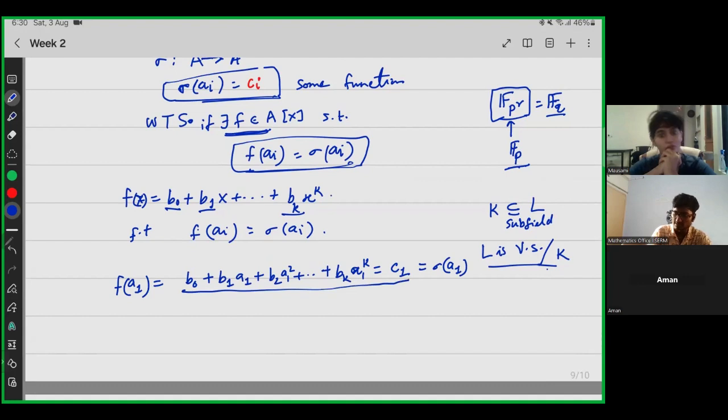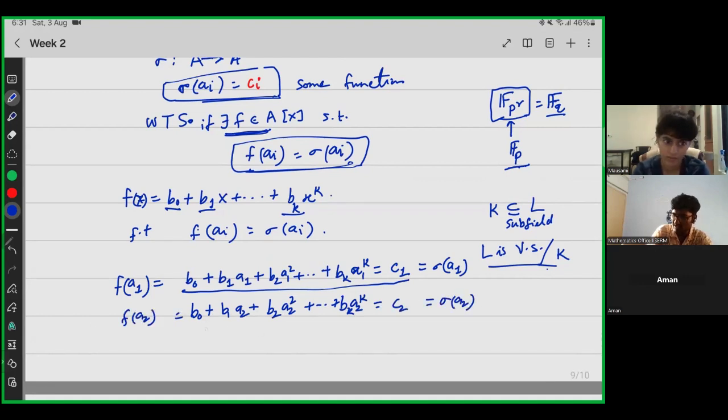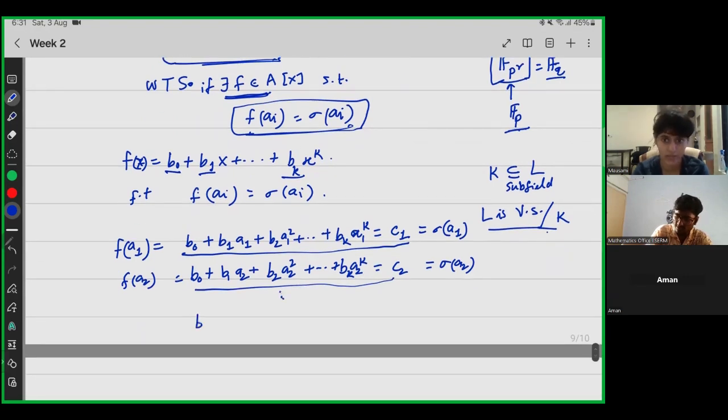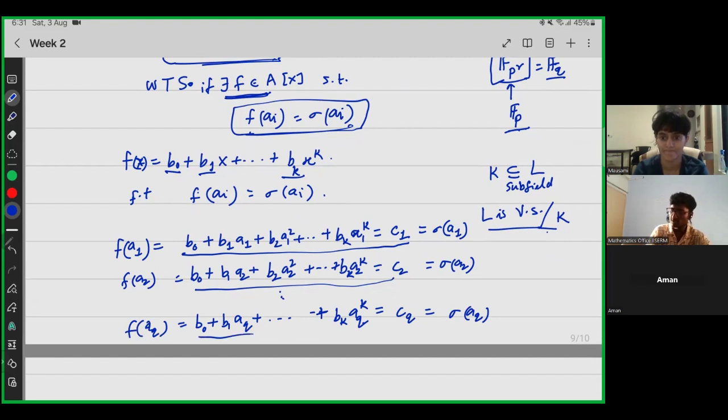So we got this polynomial. The next is b_0 plus b_1 a_2 plus b_2 a_2 squared, and so on, plus b_k a_2 to the power k is equal to c_2. This is nothing but sigma of a_2 and this is nothing but f of a_2. You got the second polynomial. Similarly, the last: b_0 plus b_1 a_q plus and so on, b_k a_q to the power k is equal to c_q. This is nothing but sigma of a_q and this is nothing but f of a_q. Correct? Now how many equations do you have? Q equations.